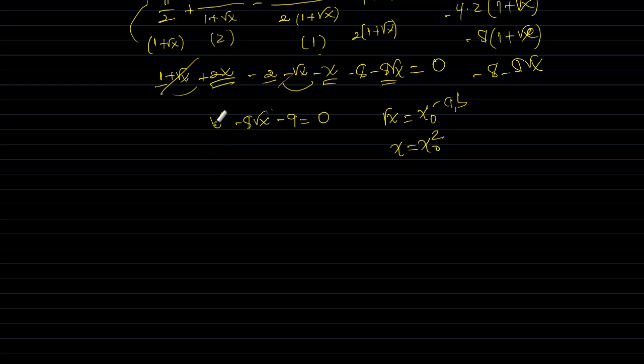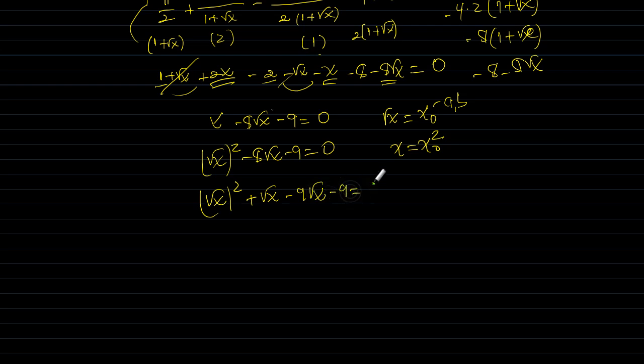So this is x, so I'm going to put here square root of x squared. This is x, right? Minus 8 square root of x minus 9 equals 0. So I can factor this, right? How do I factor this? Well, it is square root of x squared, plus square root of x, minus 9 square root of x, minus 9 equals 0.